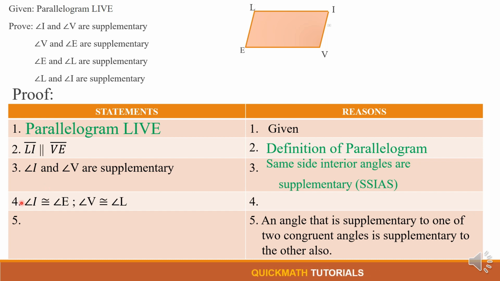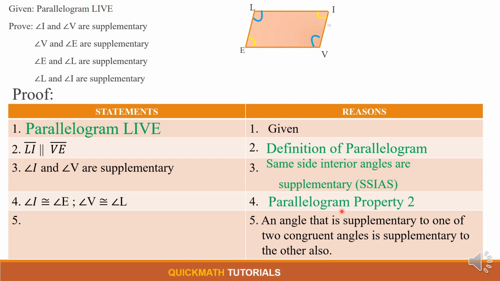For number 4, angle I is congruent to angle E, and angle V is congruent to angle L. So as you can see, the two opposite angles are congruent, and this is based on parallelogram property number 2.